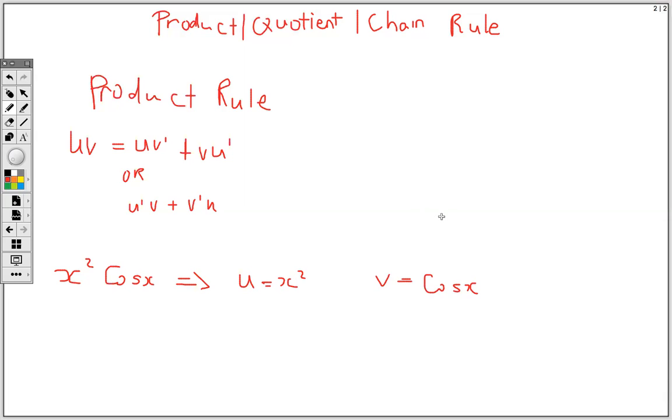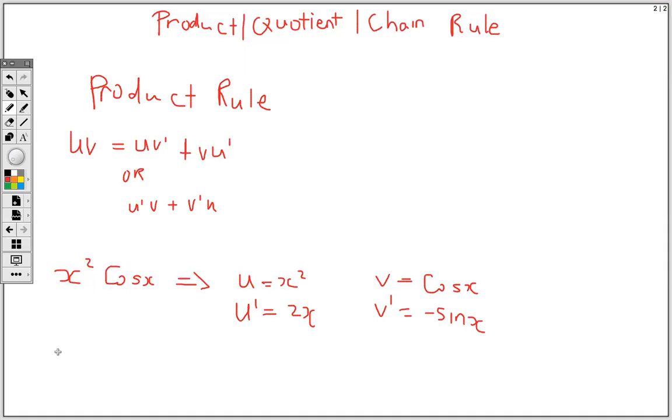Now, I have already gone through the rules for the derivative of x squared and the derivative of cos x. Now we know that the derivative of x squared, so u prime means the derivative, is 2x, while the derivative of cos x is minus sin x.